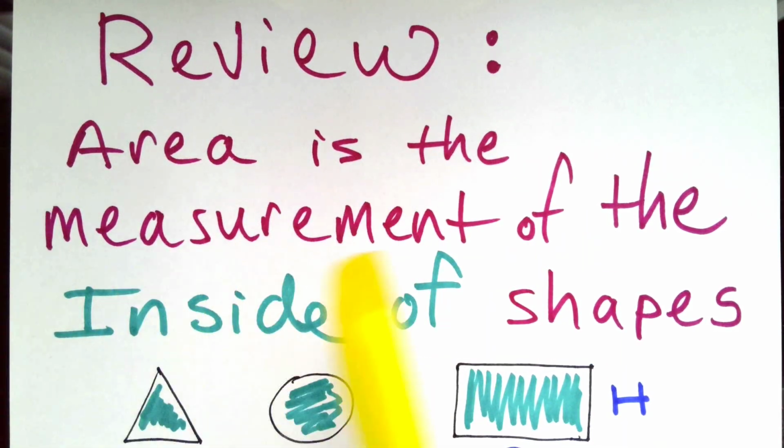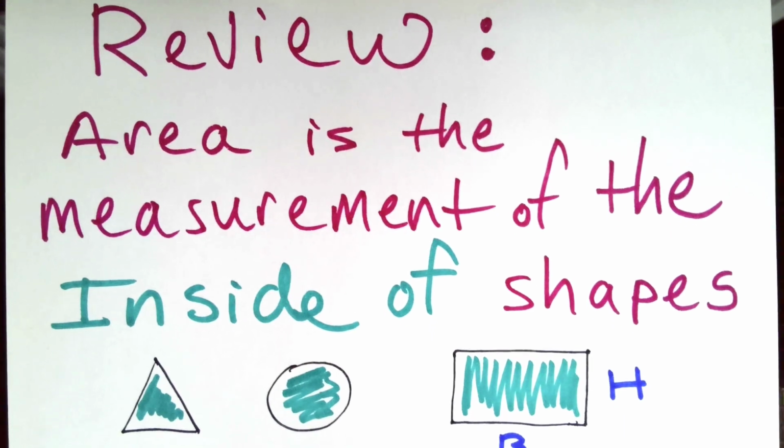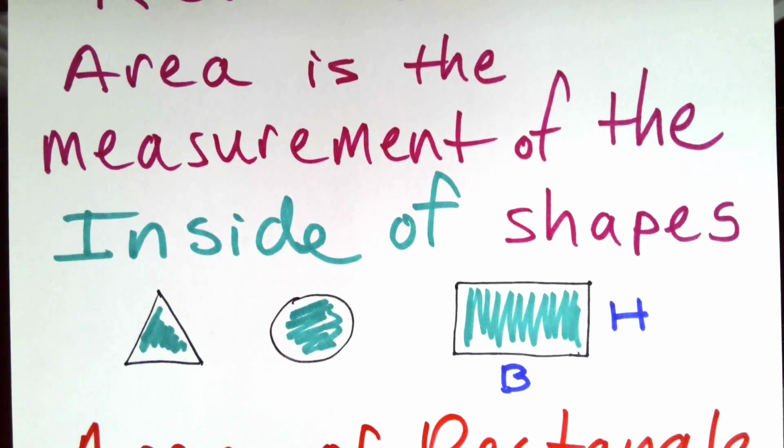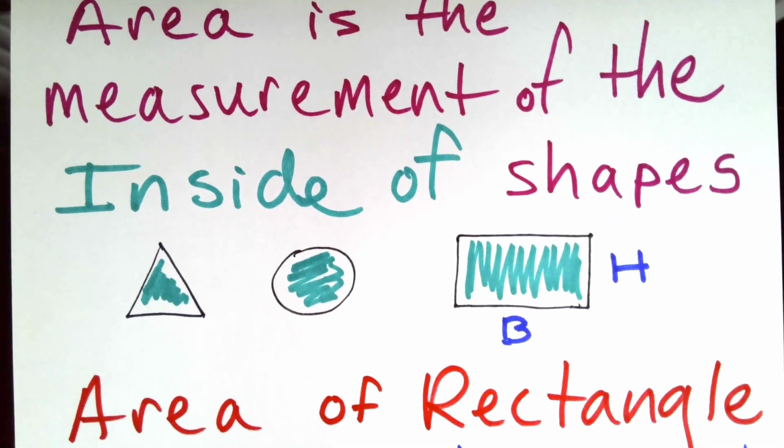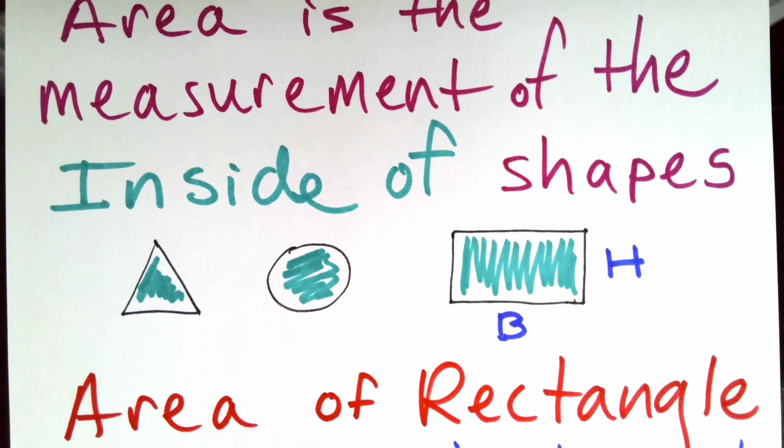Area is the measurement of the inside of two-dimensional shapes. Two-dimensional shapes are kind of flat. Three-dimensional shapes, you wouldn't find the area, you'd find the volume. For example, we have shapes like the face of a triangle, the face of a circle, the face of a rectangle.